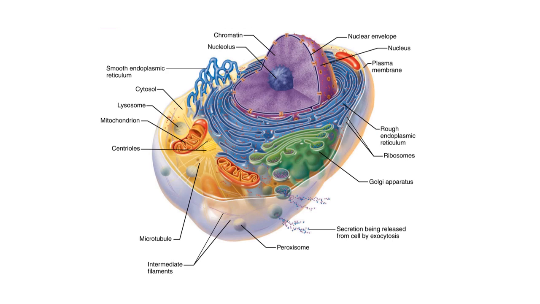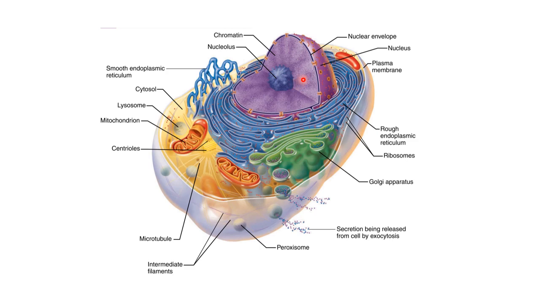Next, let's review the components of the cell. So, ang pinapakita dito is the generalized animal cell. So here, the purple structure, which is an organelle, inside the cell is the nucleus. So the nucleus contains the nuclear material or genetic material from which we make proteins through the process of the central dogma.